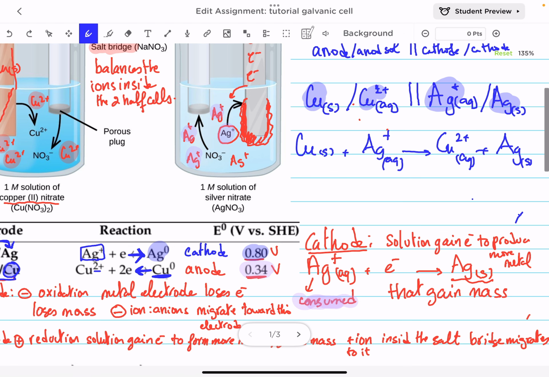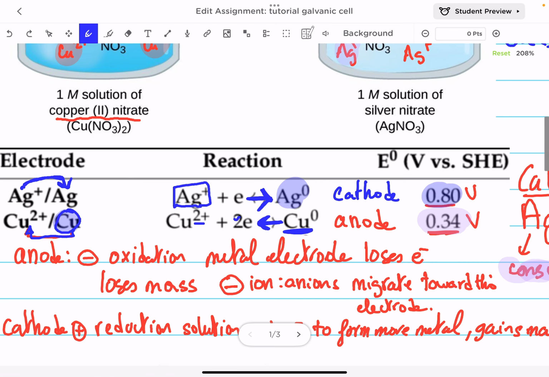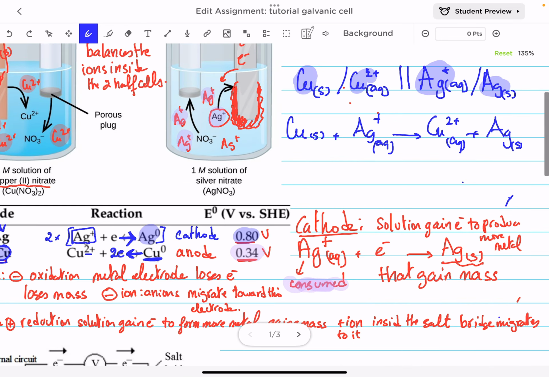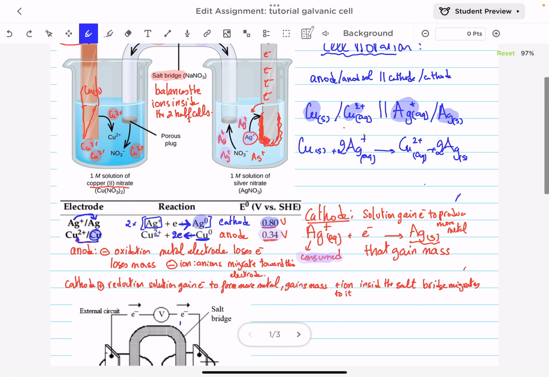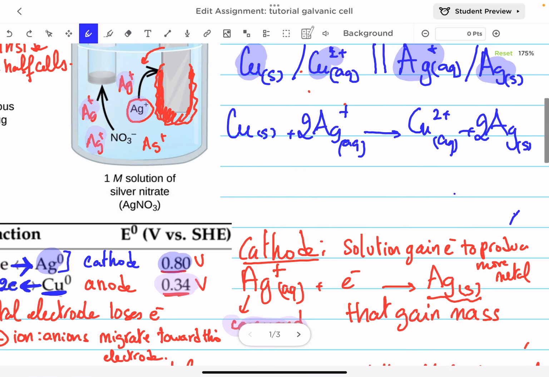And when we look at the two half equations, we see that this one has 2 electrons. So we are going to multiply this by 2 because the electrons transferred should be equal. The electrons lost should be equal to the electrons gained. So it is 2 by 2. So that's the overall redox equation.